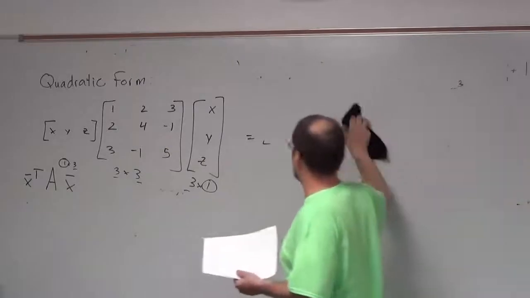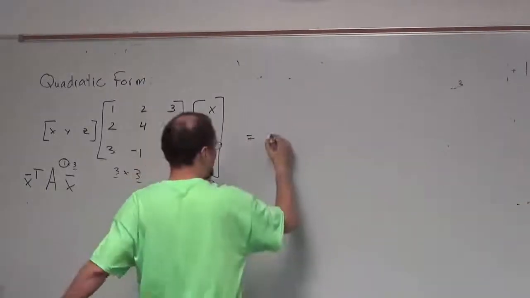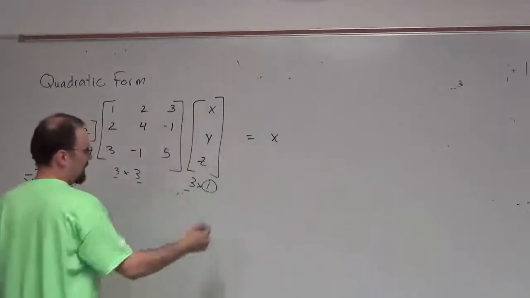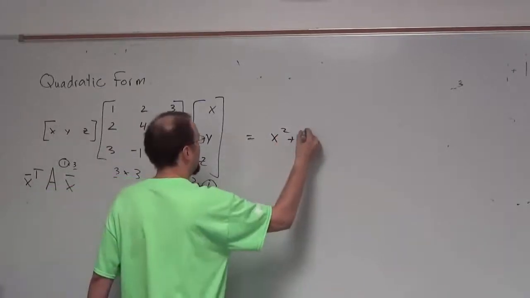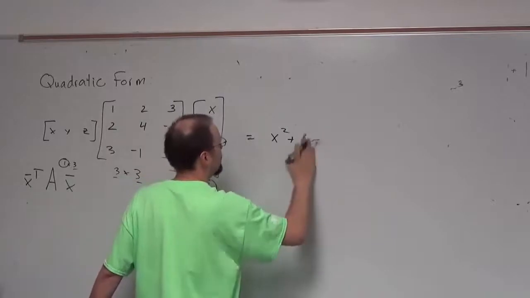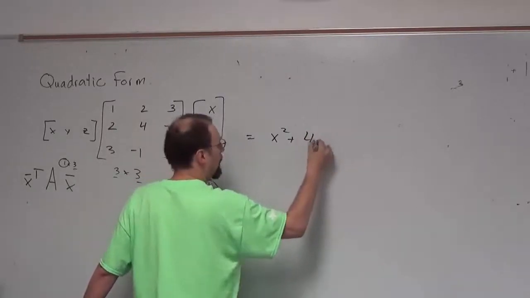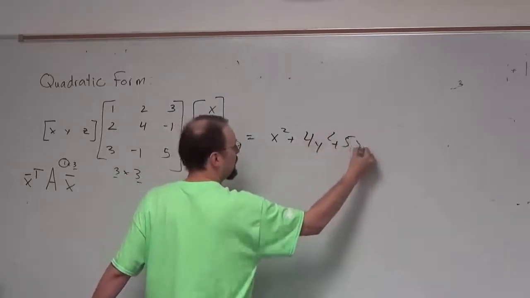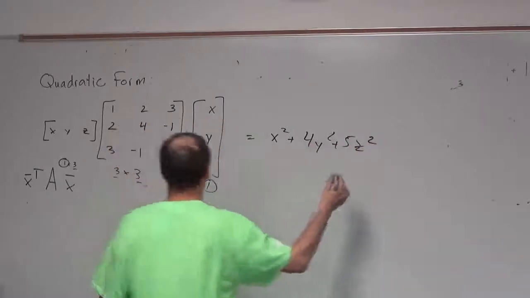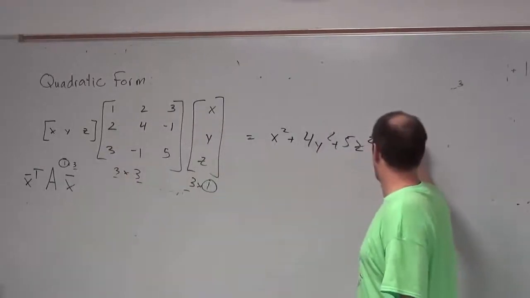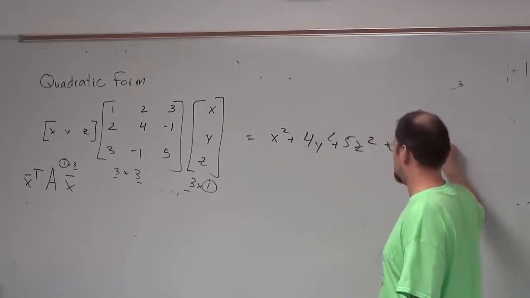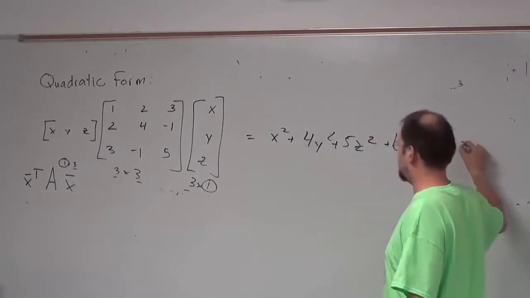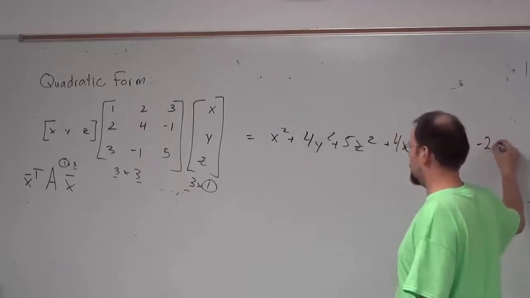And if you multiply this out, and you should, because we'll be seeing this again, you're going to get x squared, 4y squared, 5z squared. And you're going to get the mixed terms, so 4xy, 6xz, and negative 2yz.